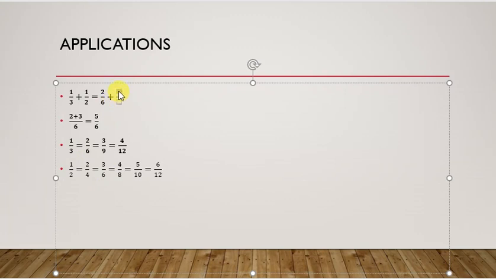So 3 out of 6 will represent that of 1 out of 2. So they then result in fractions with the same base.